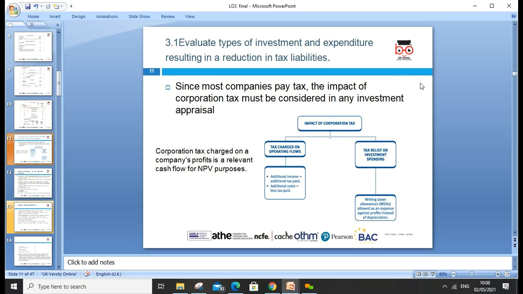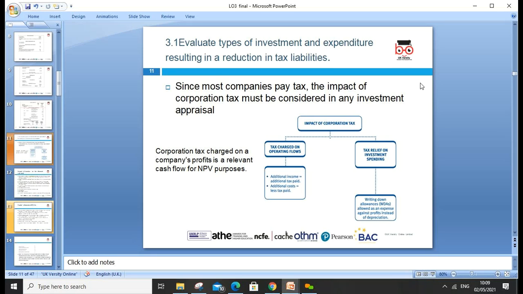Since most companies pay tax, the impact of corporation tax must be considered in any investment appraisal. Even when you do an investment appraisal, you always consider the impact of corporation tax. The corporation tax charge on the company's profit is the relevant cash flow for net present value purposes.